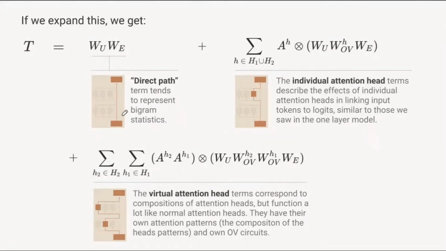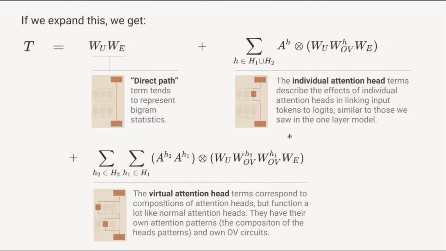Some of the bigram statistics will start to migrate into attention heads, but the kinds of things it represents are similar to bigram statistics. Then we'll have terms that correspond to going through a single attention head, and that could be an attention head in the second layer, or also an attention head in the first layer. So these are the effects of attention heads.